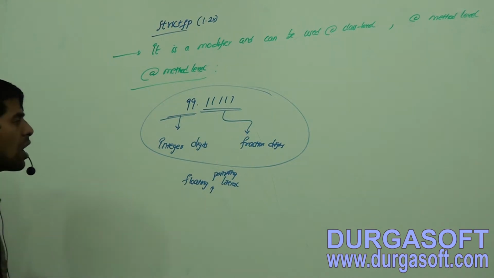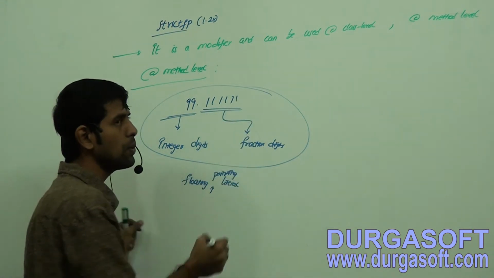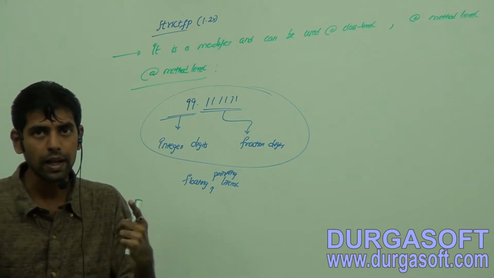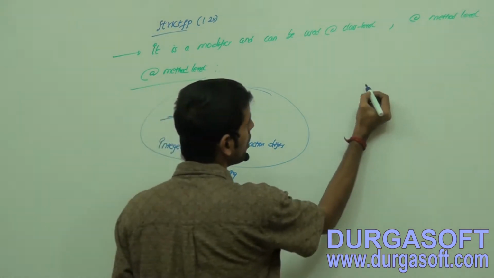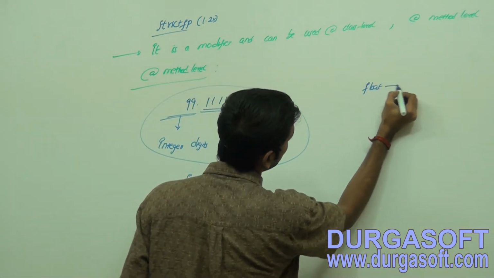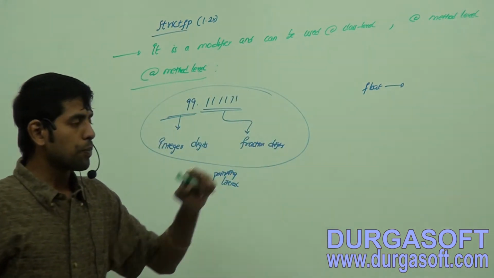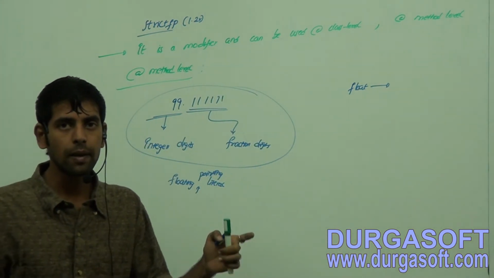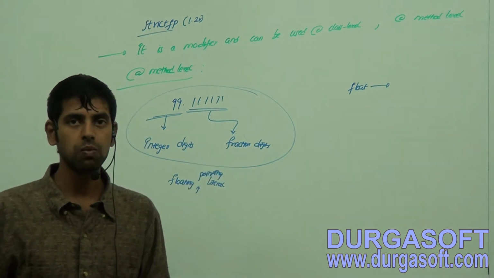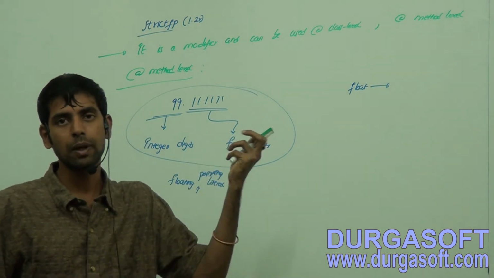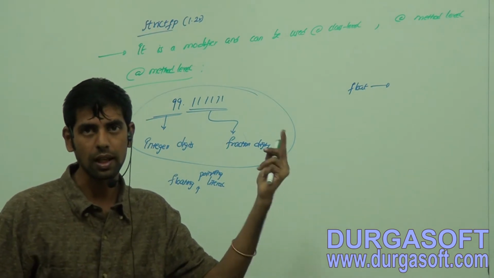According to our predefined data type float, what is the internal implementation for this? What is the exact implementation given by Sun Microsystems?